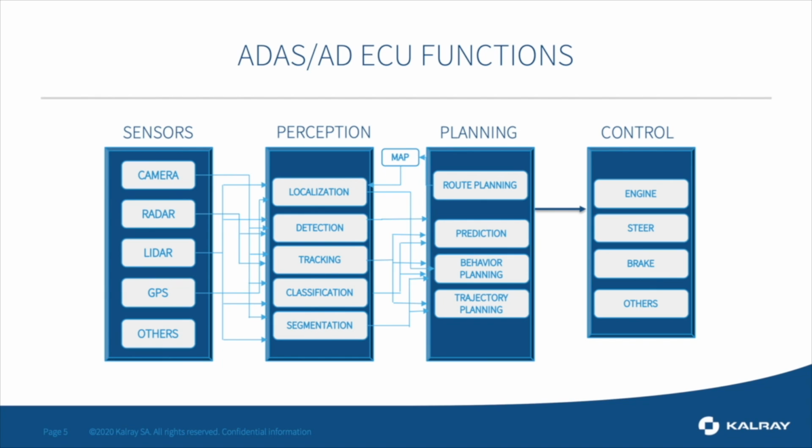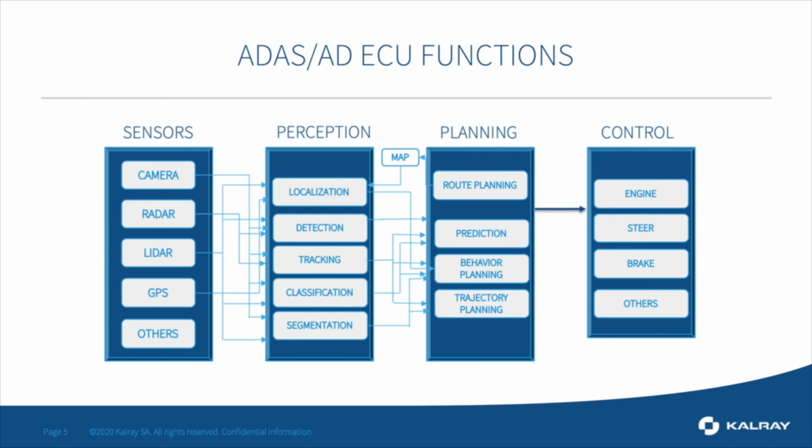The perception module is more or less the step where the vehicle understands its environment, meaning being able to localize itself within the environment nearby, being able to detect the objects that are close to it, and even to track them, to classify them, to understand what next movement is possible, and to segment the environment to identify the road or pedestrian path.